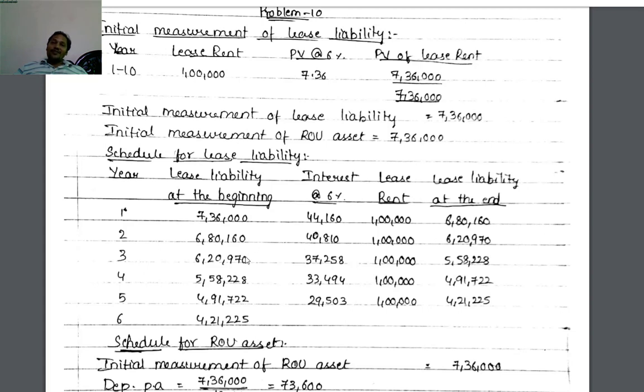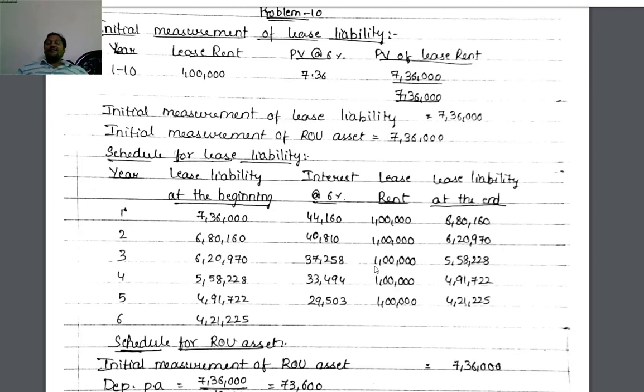Liability at the beginning of the third year 6,20,970. Interest at 6%, 37,258. Lease rent payment 1 lakh. Lease liability at the end 5,58,228. That is 6,20,970 plus 37,258 minus 1 lakh.